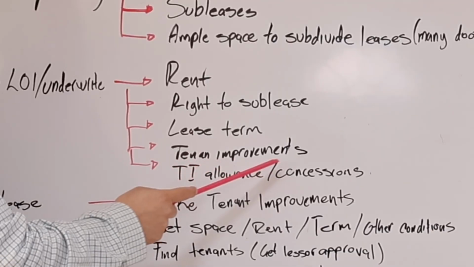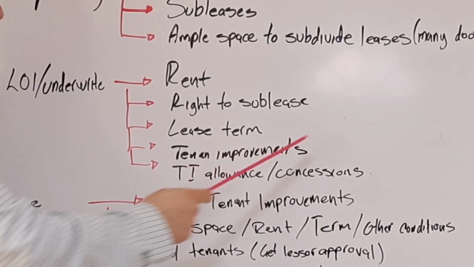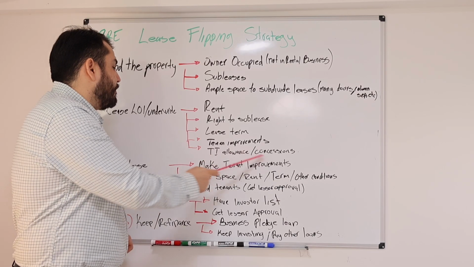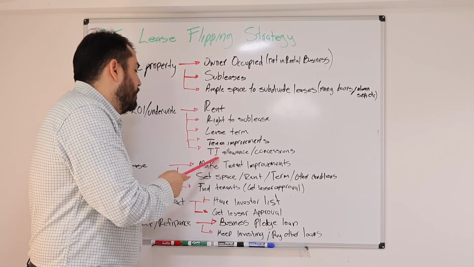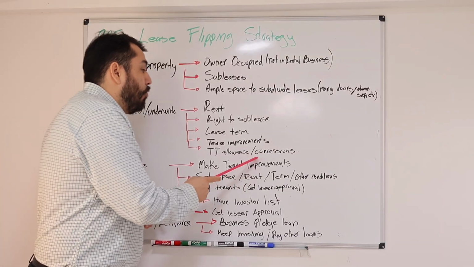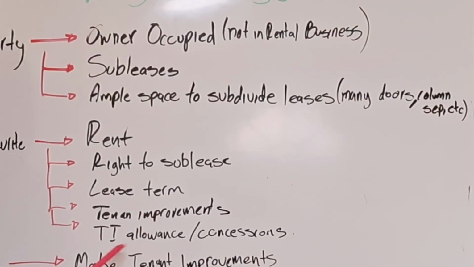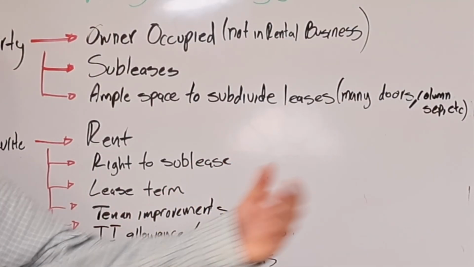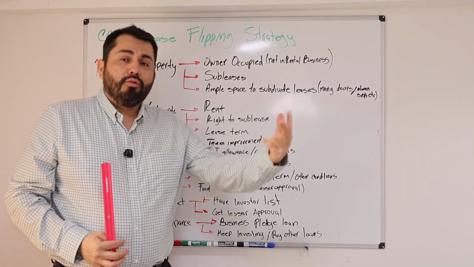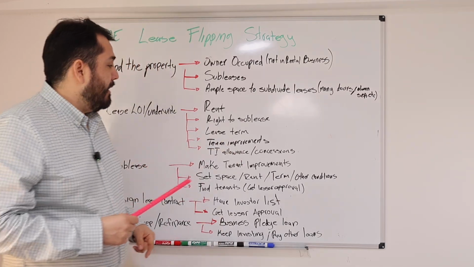Okay, so you have to keep this in mind, tenant improvements, and negotiate which tenant improvements you have to make on the property. Okay, and also, as I told you, you have to negotiate the tenant improvements allowances or the concessions. For example, on those doors, who will pay for those 3 extra doors? Maybe you will pay for 1 and the owner will pay for the 2 extra doors, for the remaining doors.